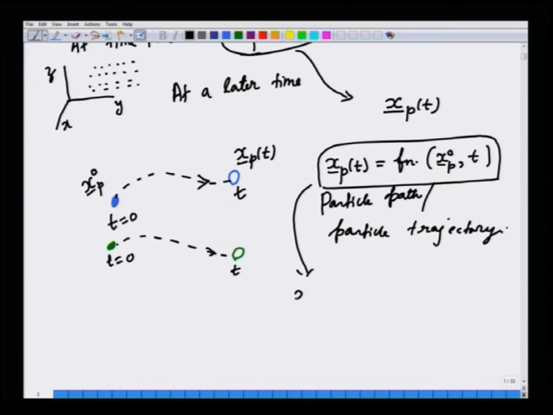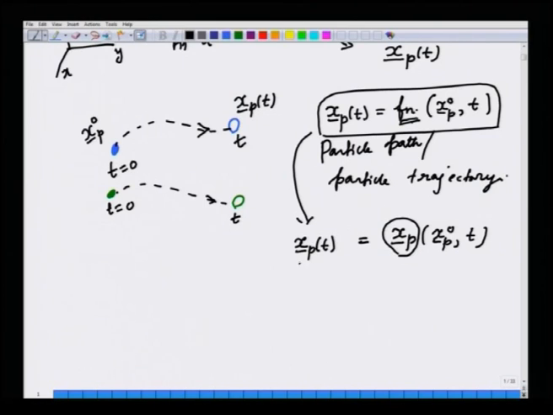Usually this functional form is written as x p at time t is a function of x p 0 and time. So, instead of writing a function like this, you use the variable itself as a function. This is a concise notation. Once I have this information, I can find the velocity of a particle which was at time t equal to 0 at x p 0, at a later time t.